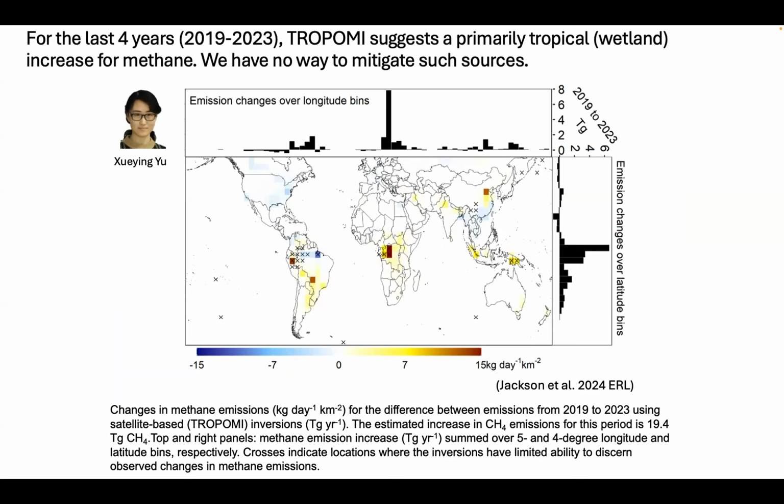There's one brown wedge or rectangle near Beijing in China, which we think is energy related. But everything else that shows an increase in the last few years by this satellite is along the tropics and mostly wetlands. You see the Congo most prominently right in the middle. You see the Western Amazon with a little bit less confidence.